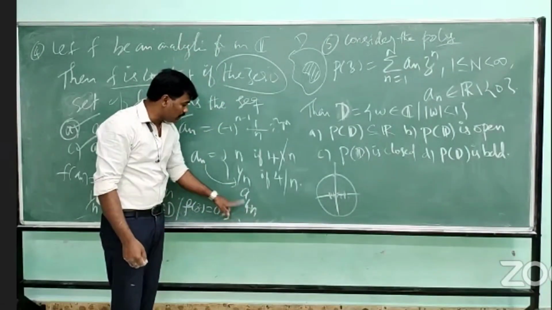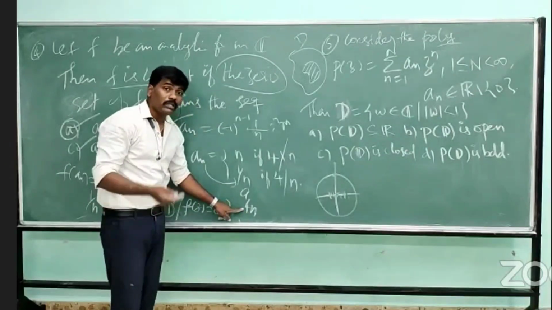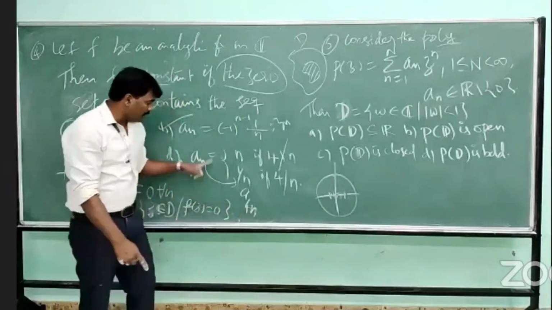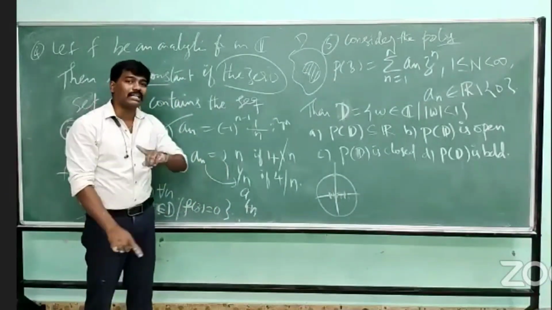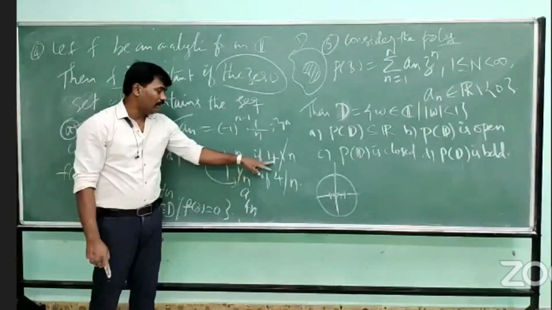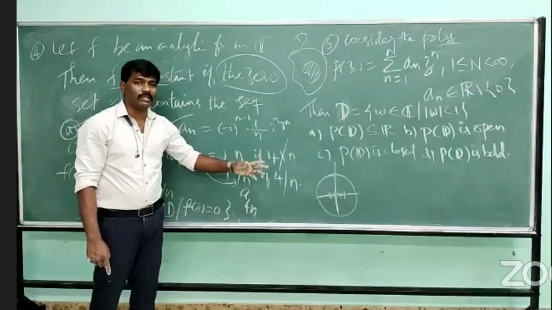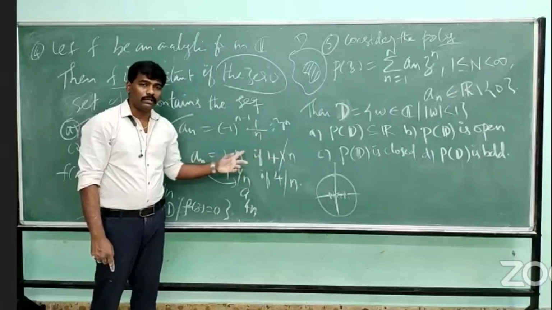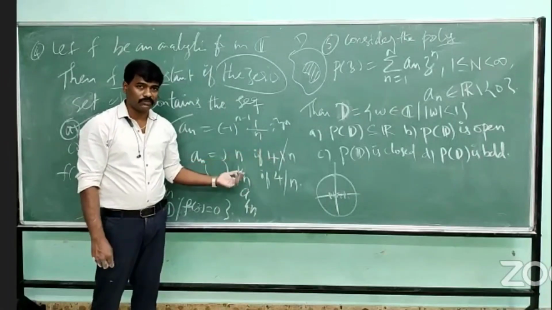Now f vanishes on this subsequence, and this subsequence converges to 0. When you take the whole sequence, a_n does not converge, because when 4 does not divide n, f takes non-zero values, like 10 non-zero, 11 non-zero.